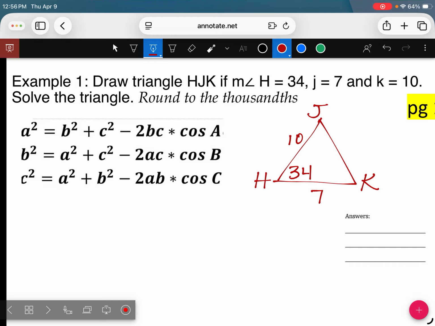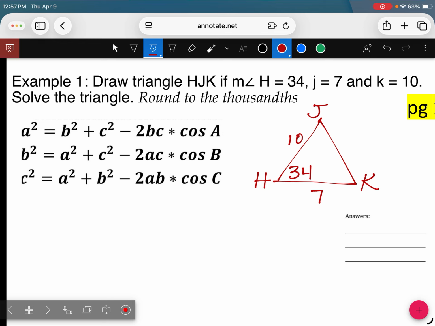Do I have enough information to use the law of sines? No. In order to use the law of sines, I would have to know little h, and we don't know little h. So whenever there's an angle in between two sides, that would be the law of cosines.